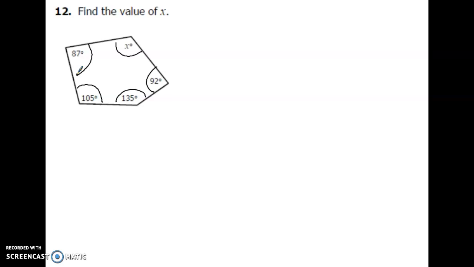So we would find our S, which is the sum of interior angles. This has 1, 2, 3, 4, 5 sides. So we say 5 minus 2 times 180. We've done a lot of pentagons lately. So you could either do that equation or some of you have it memorized already, but this is 540 degrees.